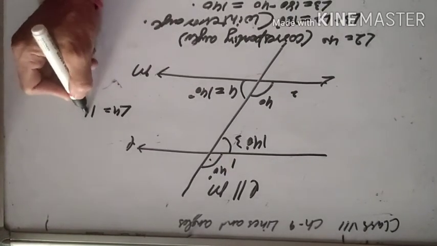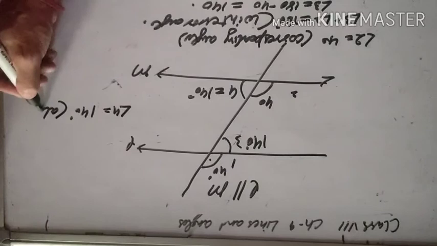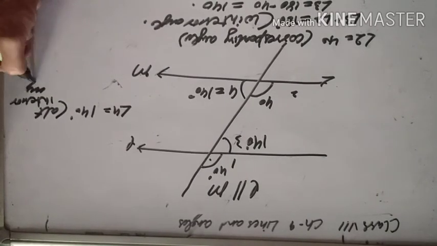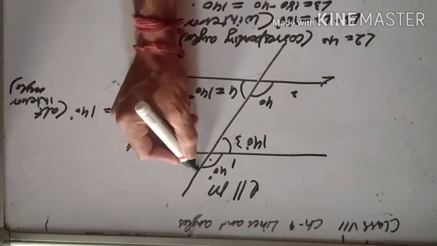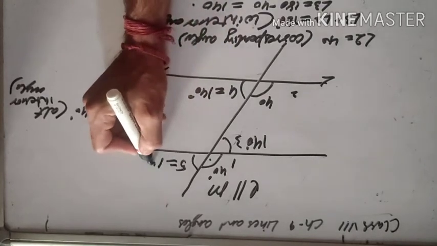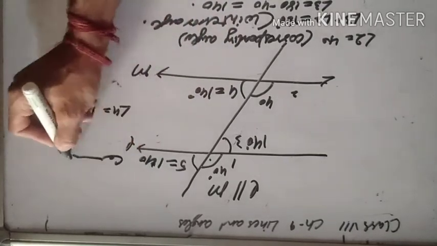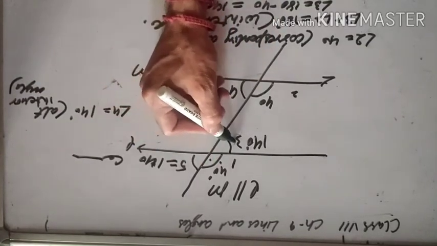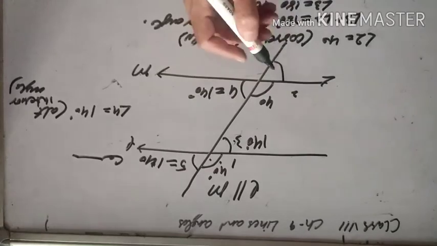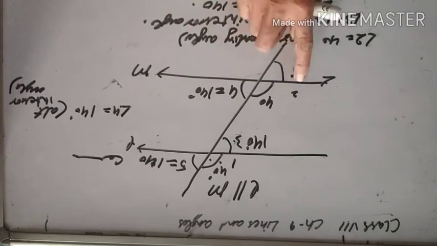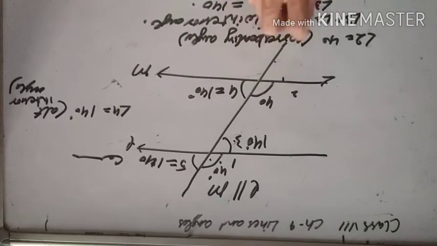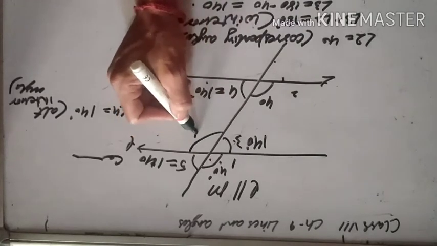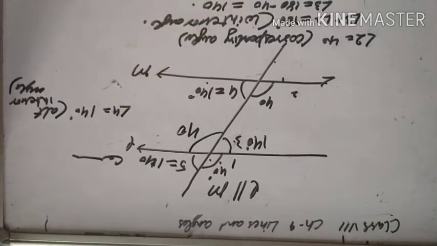Alternate interior angles. This angle 5 is also 140, corresponding angles. This 6 is also 140 because of corresponding angles. This is 140, this is also 40, co-interior angles. You can find all the angles.